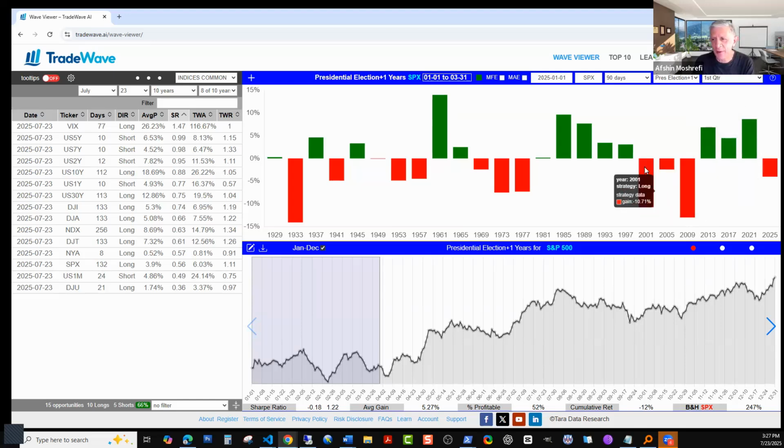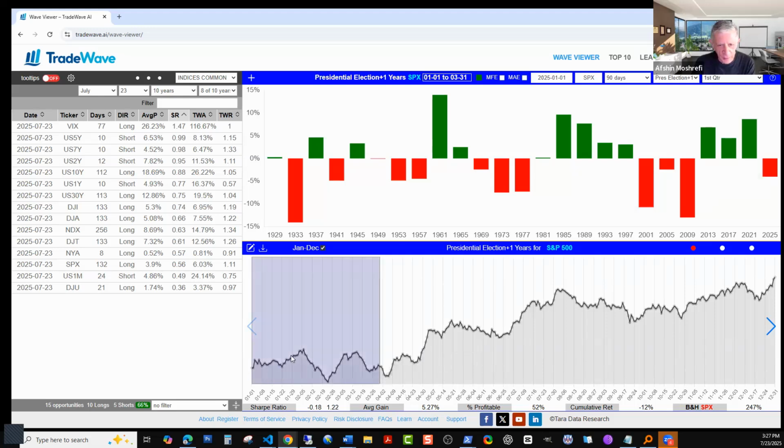It was pretty bad other years too. From 2013 to 2021, the first quarter did okay. It did well. But in 2009, minus almost 13%, minus 2.43%, minus 10.71%. And this year was minus 4.01%.